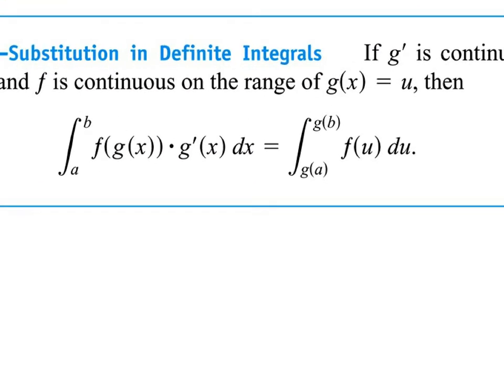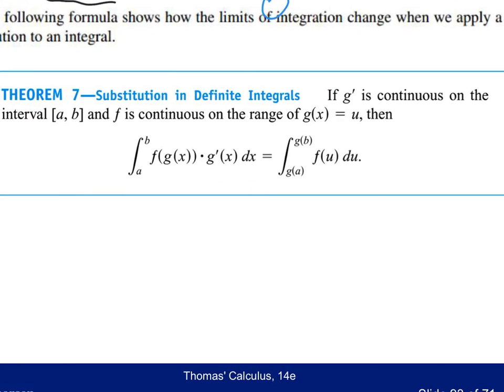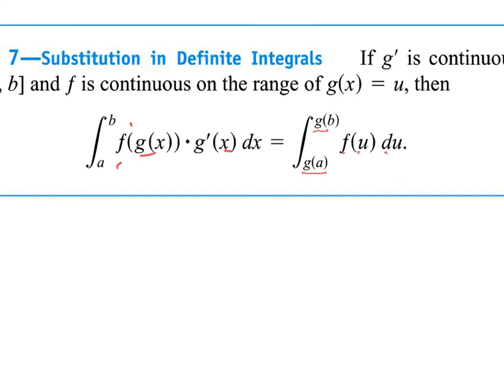I like how he kept it with the g and the g prime of a to b, and g was my u, remember? So there's my g of a, there's my g of b, f of u du. You can actually do that conversion at the very beginning of the problem.